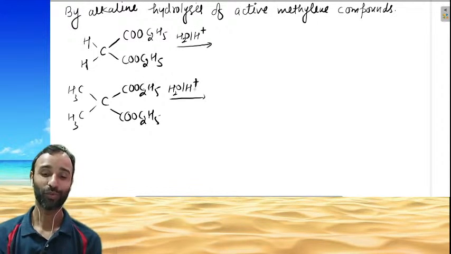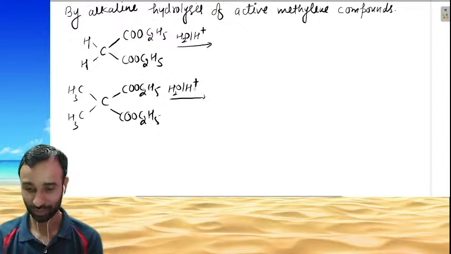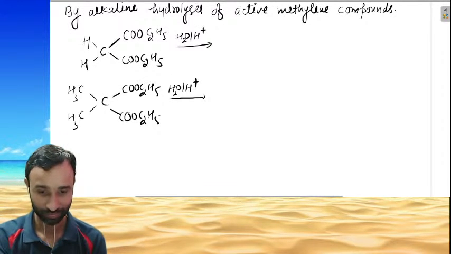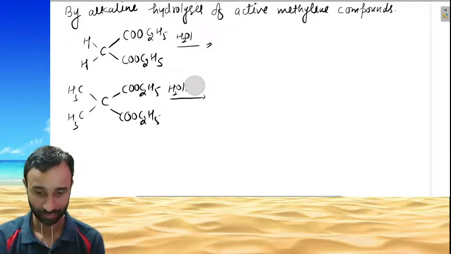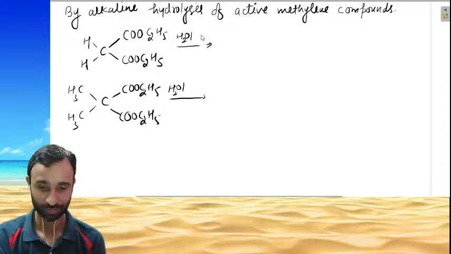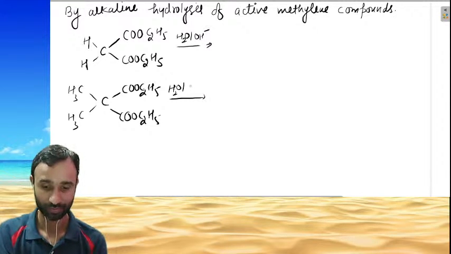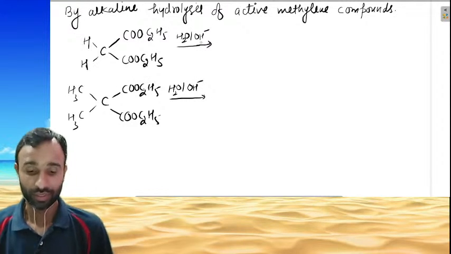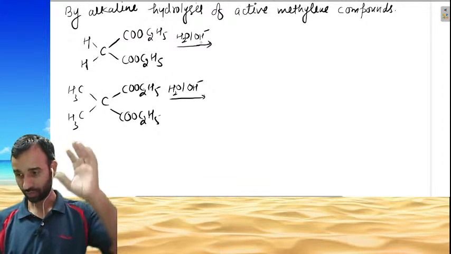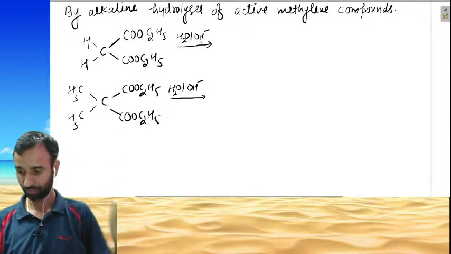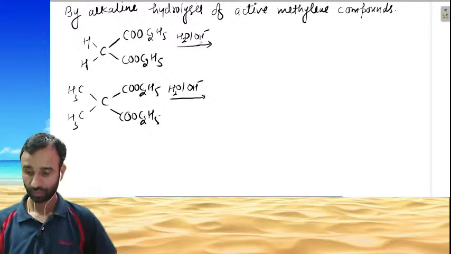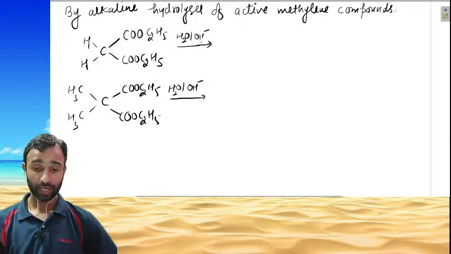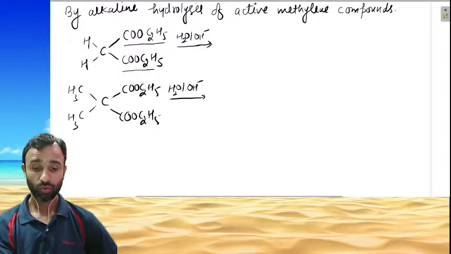Now tell me, what is the product formed by alkaline hydrolysis? These are two esters.